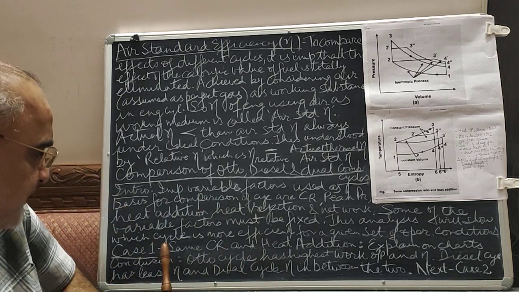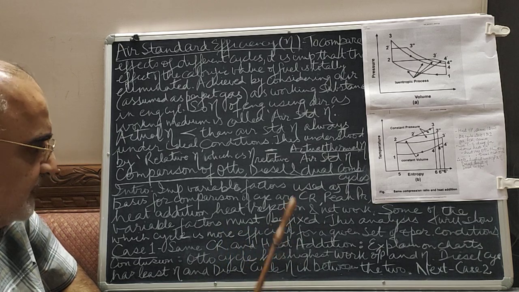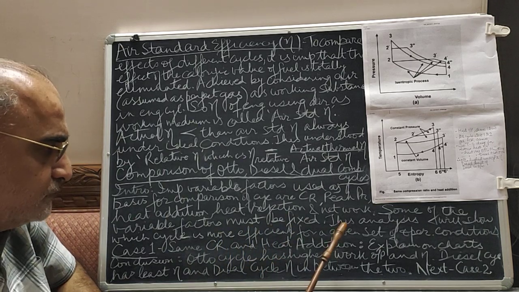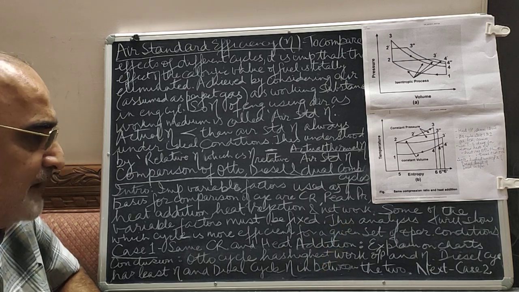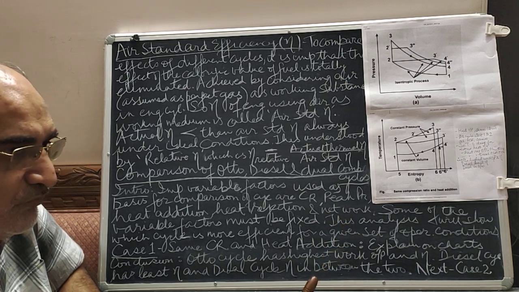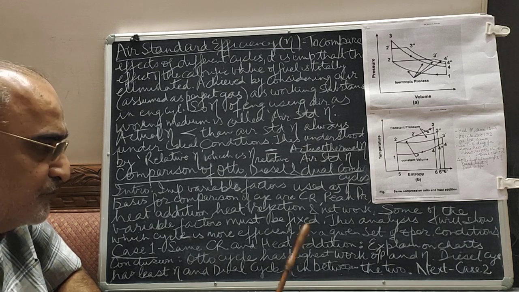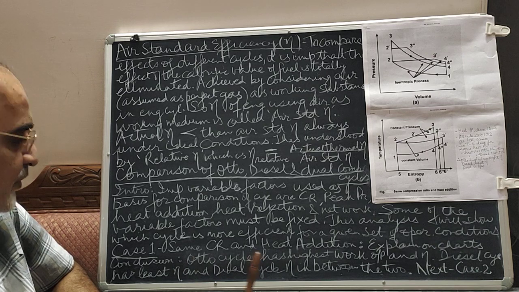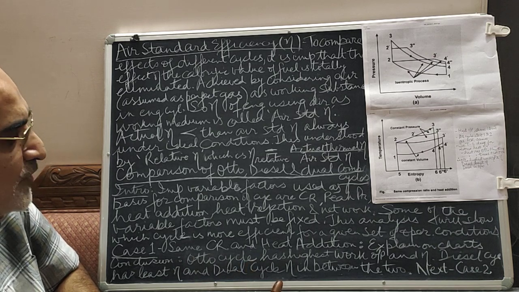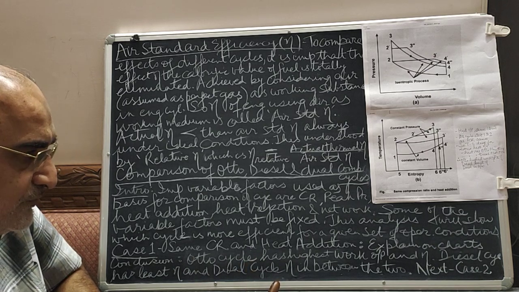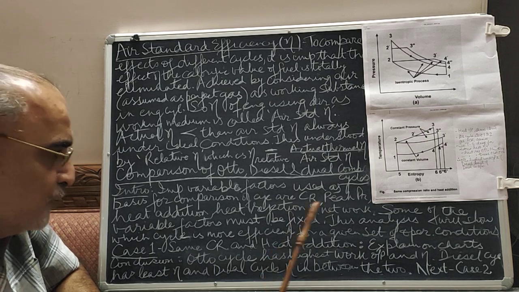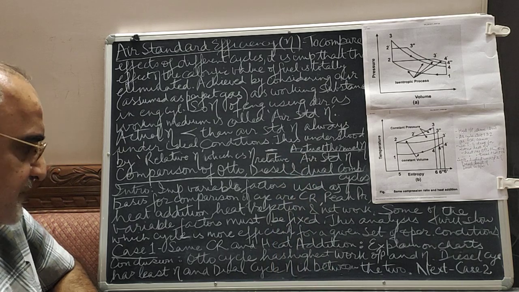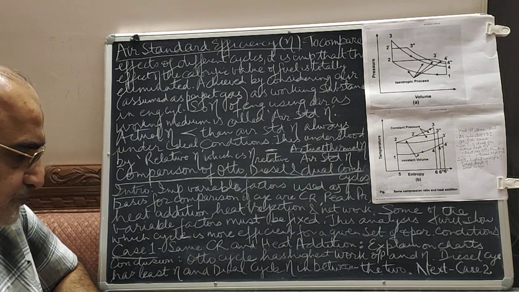Some of the variable factors must be fixed, as I mentioned. Once we do this analysis, taking any 2 factors, it will show which cycle is more efficient for a given set of operating conditions.